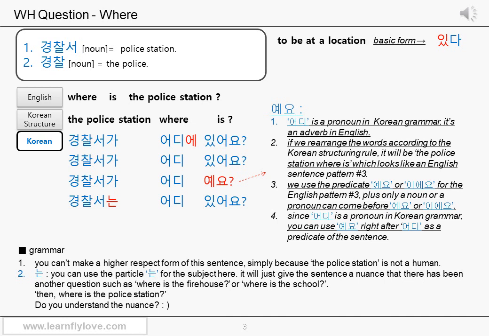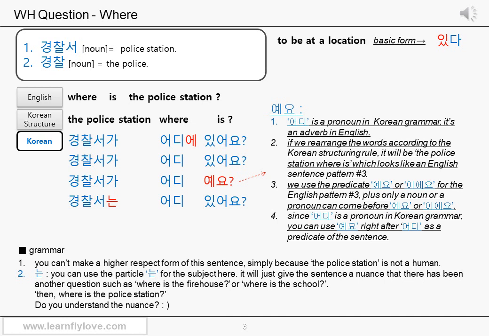However, we recommend you use 있다, 있어요 when you ask about the location because the usage of 어디예요 is a little bit complicated and there are exceptions. You can use 어디예요 only when you ask about the location of a building, a place, or the second person, you.